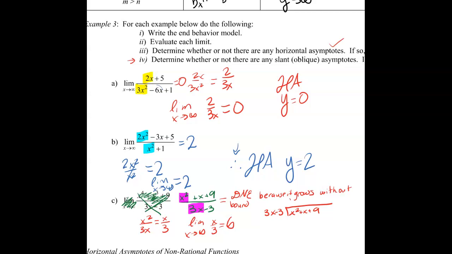So I should get 1/3 x, because I'm trying to say, what do I have to multiply 3x by to get this x squared to go away? So I have x squared now minus just x. So I'd subtract those, subtracting down.